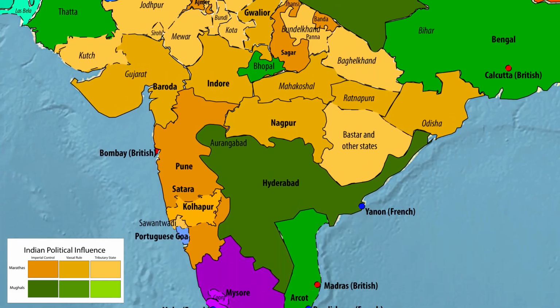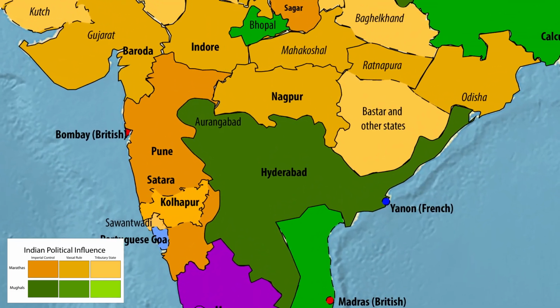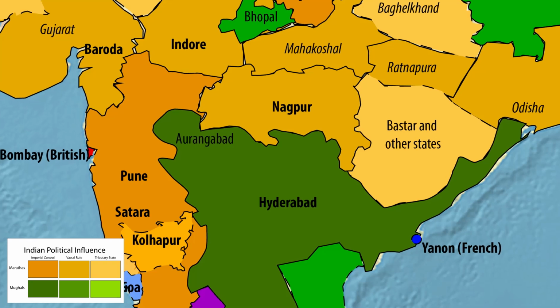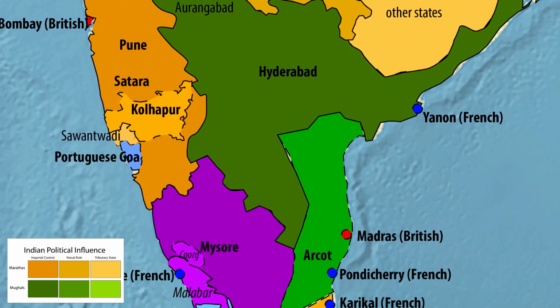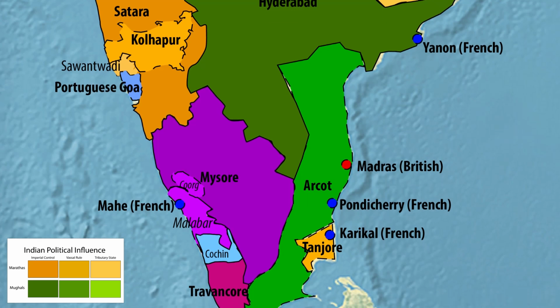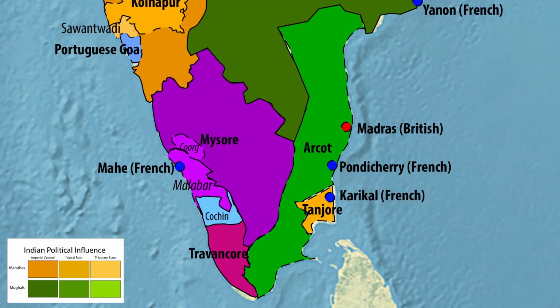The region of Marathwada, Telangana and Andhra was under the rule of the Nizam of Deccan, under whom was the Nawab of Arcot or Carnatic, who controlled most of Tamil Nadu. The Tanjore Marathas were distant relatives of the Chhatrapati and maintained a political alliance with them.